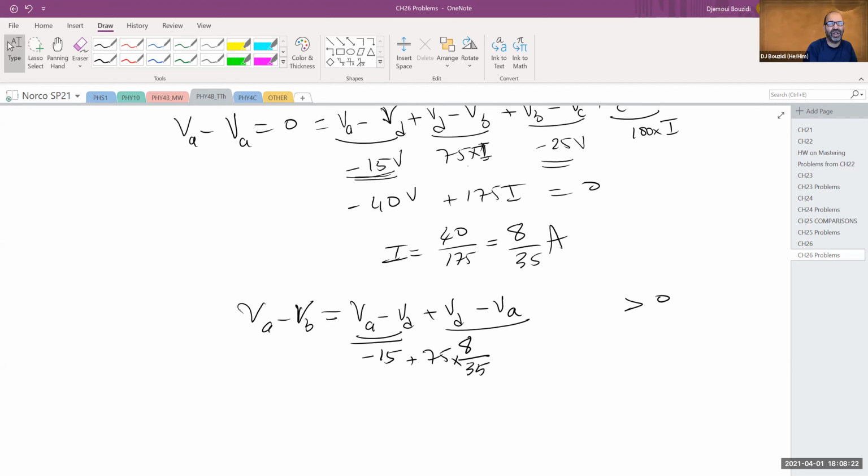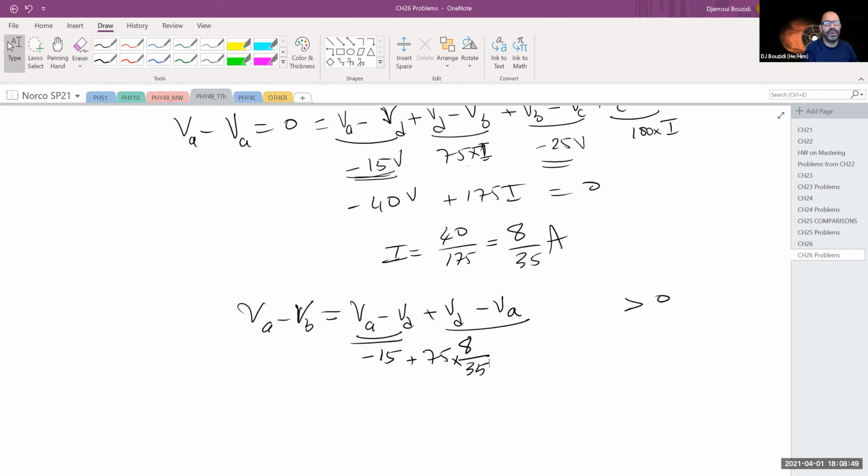That is the voltage drop across the battery, which is actually a rise. I am dropping by negative 15, it's like I'm going down by negative 15, which is I'm really going up by 15. So plus now 75 ohms times 8 over 35.